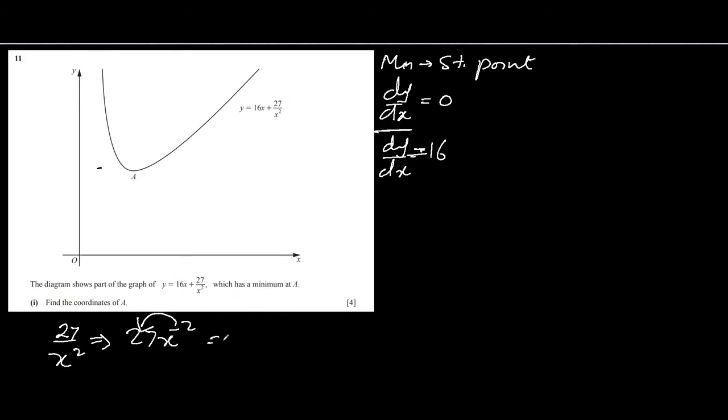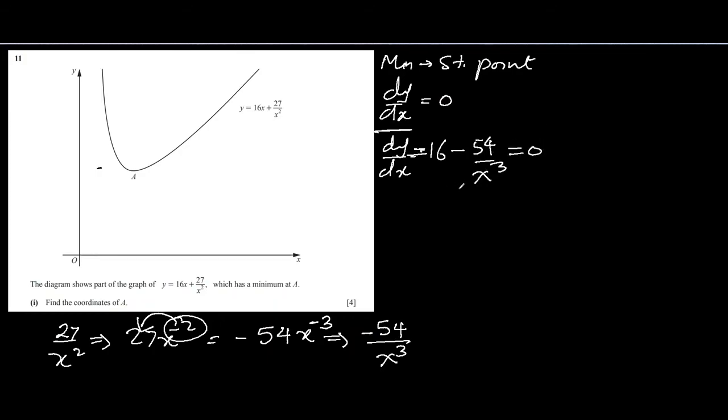That makes it minus 54. And this power minus 2 will go down by 1, and going down by 1, minus 2 will be minus 3. That can be written as minus 54 over x cubed. And that's what I will write here: minus 54 over x cubed. This is equal to 0 for a stationary point.